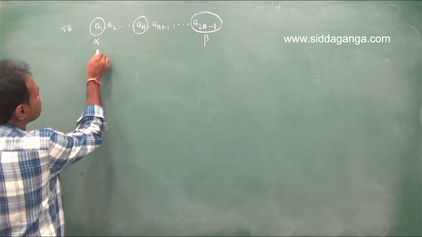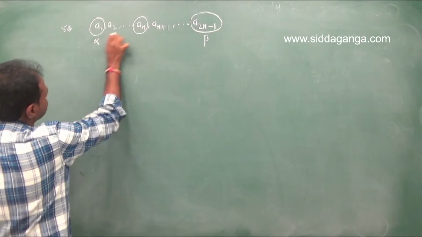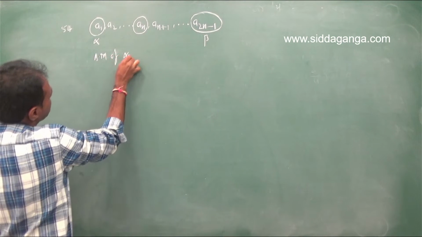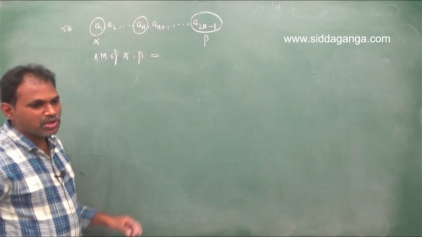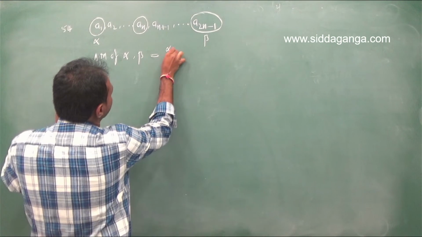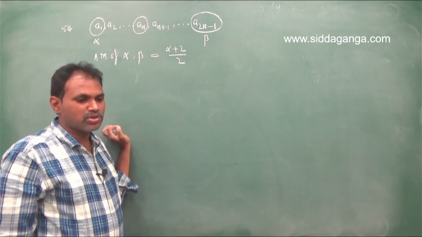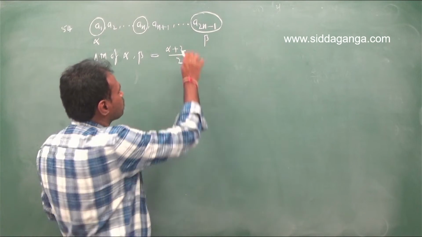Therefore, the arithmetic mean of the first term and last term, alpha and beta, is (alpha plus beta) by 2.